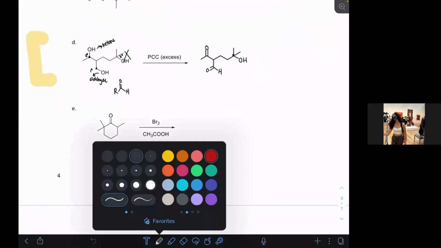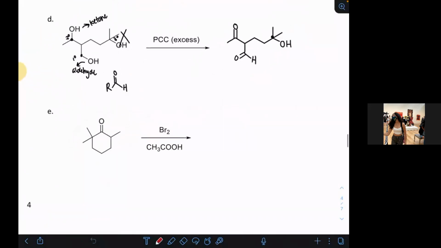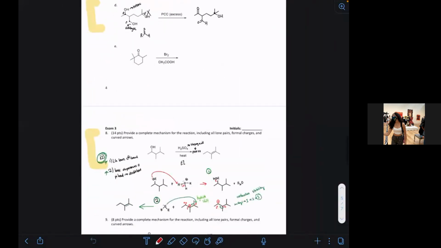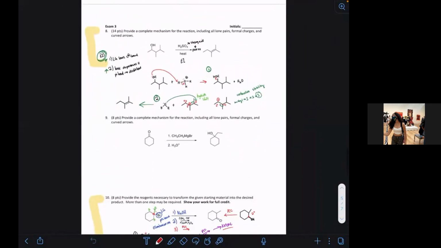I don't think that I know this reaction. I don't know if anyone else does. I don't know if we went over that one. Technically should have, but oh god.